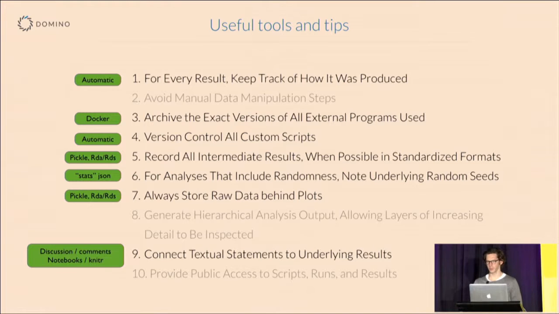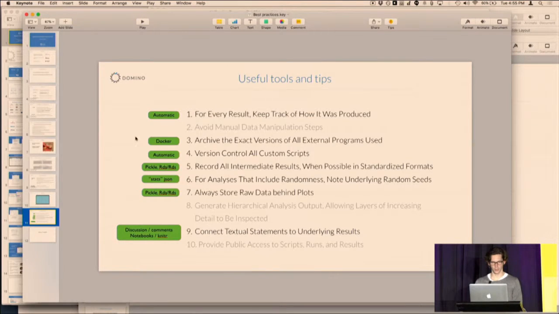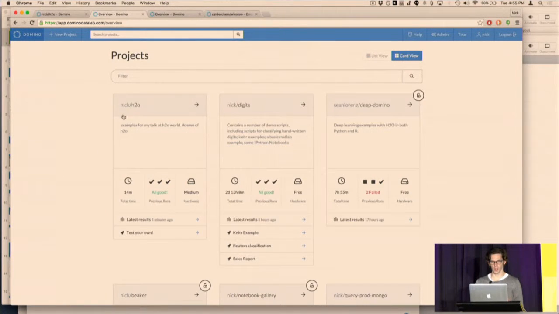Avoiding manual data manipulation steps, that's not something that I've shown how to make any better, although nothing I've shown makes that worse. You are relying on people to codify or implement their data manipulation steps. Archiving the exact version of external programs that are used, I didn't have a demo of that, but that's also happening automatically under the hood by leveraging Docker.